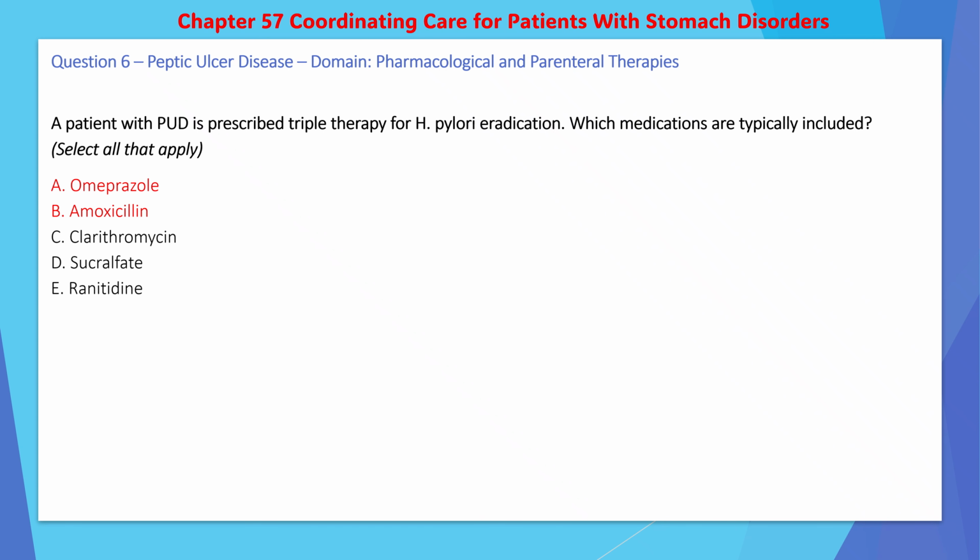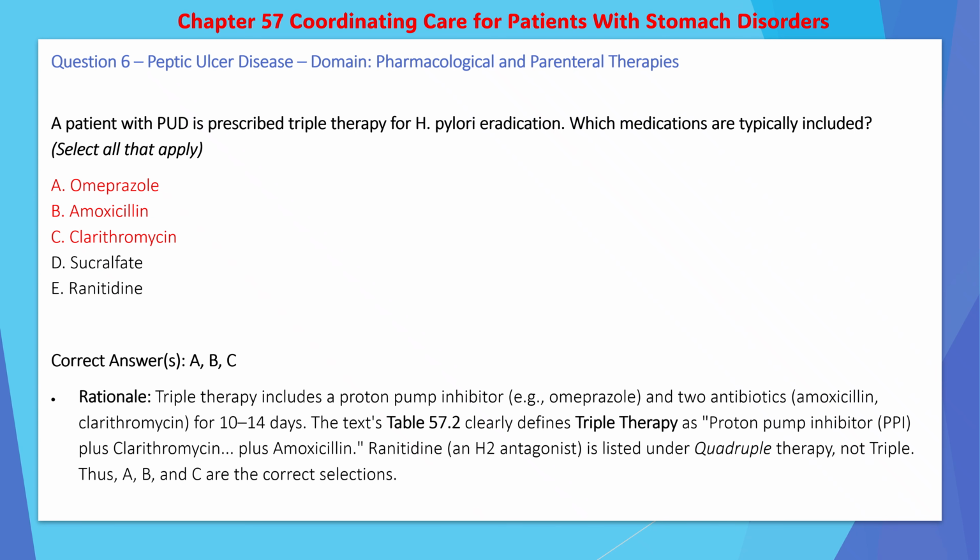Omeprazole, amoxicillin, clarithromycin. So the triple therapy includes a proton pump inhibitor like omeprazole and two antibiotics for 10 to 14 days. The table in the text clearly defines the triple therapy as a proton pump inhibitor plus clarithromycin plus amoxicillin.